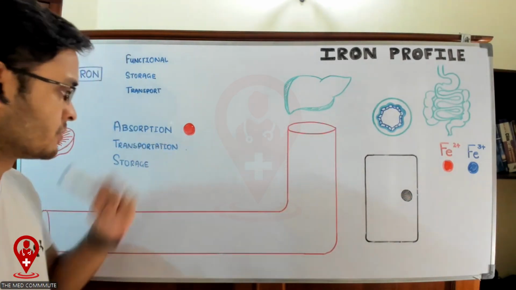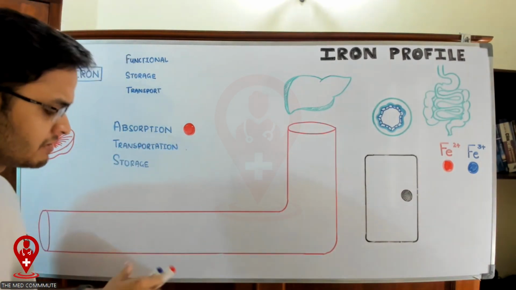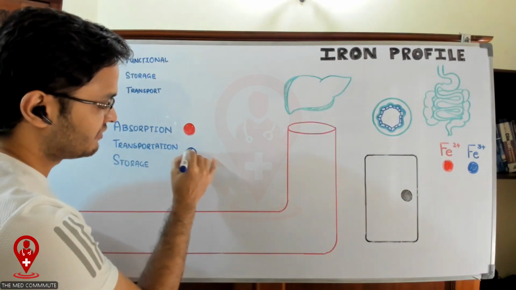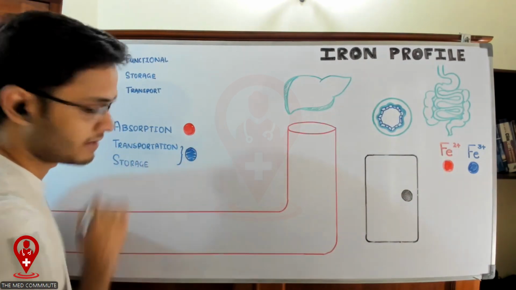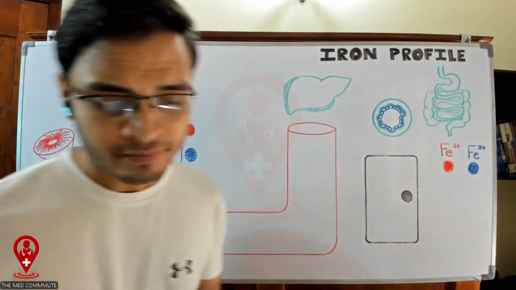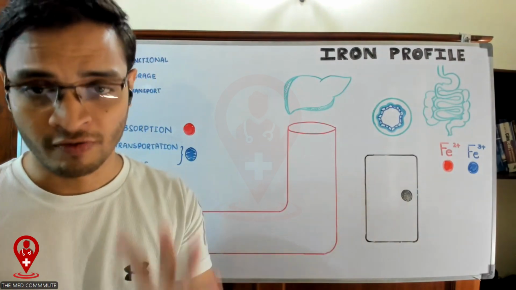Whereas for the transportation and the storage purposes, our body prefers this blue form, the Fe3+, or the ferric form of iron. So once we are clear with that, we can move ahead.